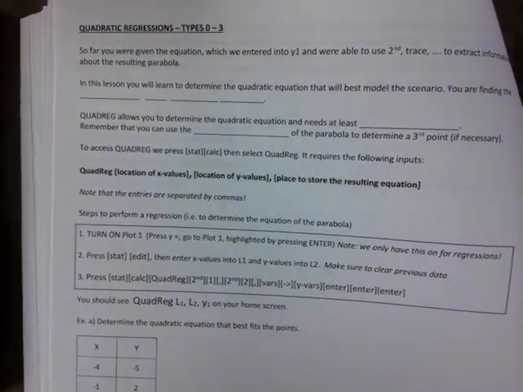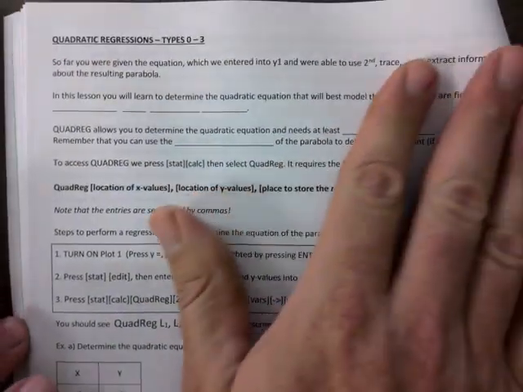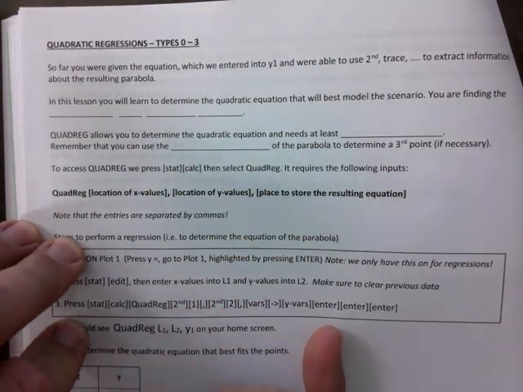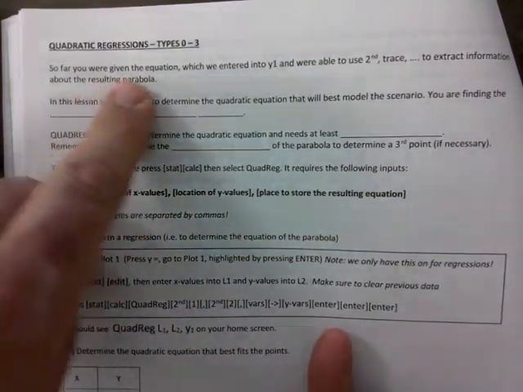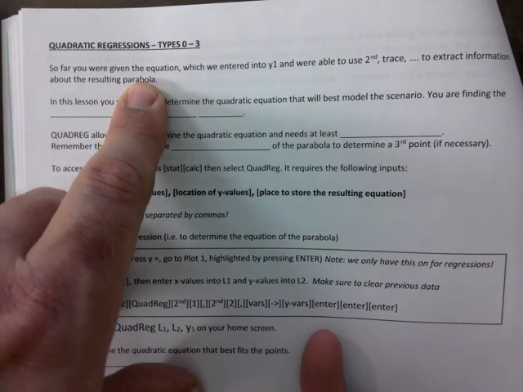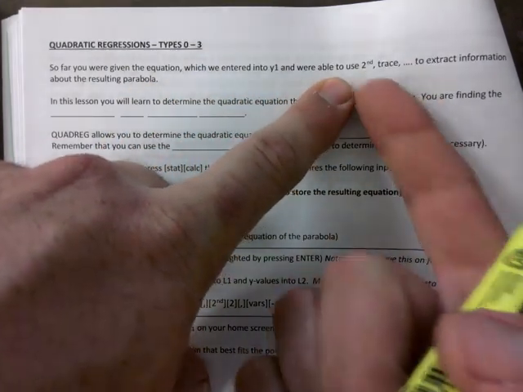So quadratic regressions. So far you were given the equation and you entered it into the calculator, and you used second trace to extract information.